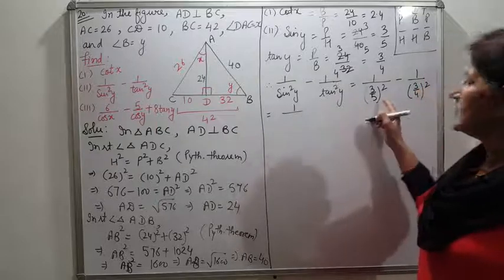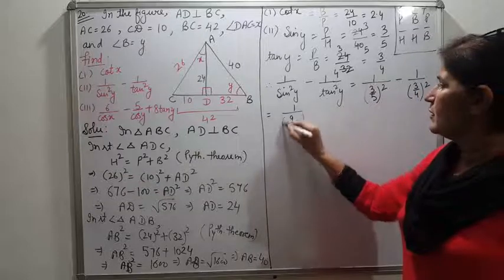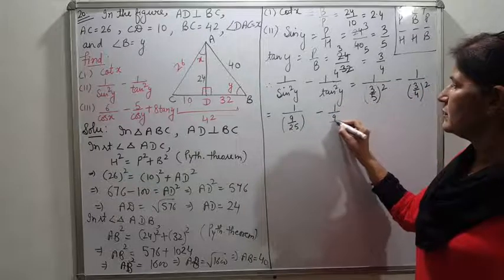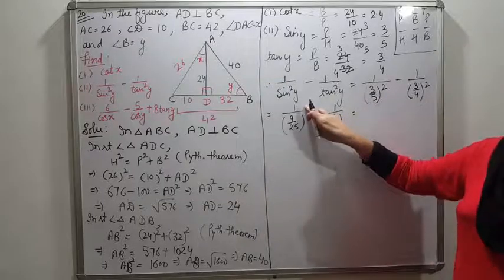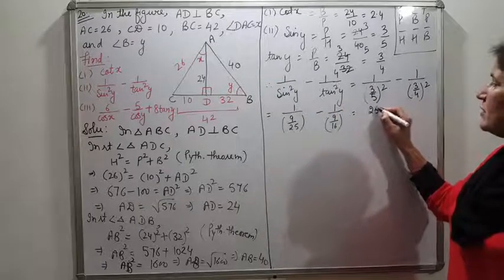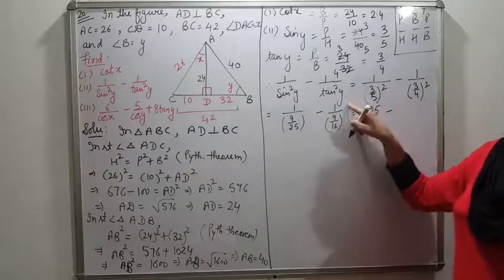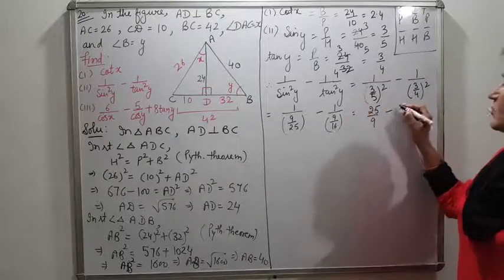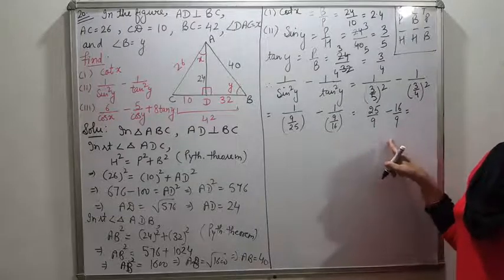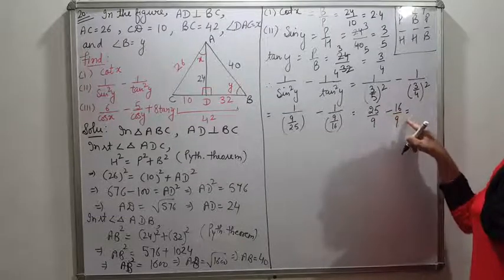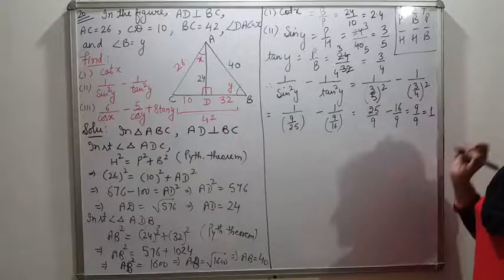So 1 upon square of 3 over 5 is 25 upon 9, and here 16 upon 9. We take their reciprocals. 25 will go and get multiplied with 1, so it is 25 over 9. Similarly, when you take the reciprocal in this term, 16 will go and get multiplied with 1, 16 over 9. Now they are like fractions, no? Because both have the same denominator. So 25 minus 16 is 9 upon 9. So we reduce and we get the answer 1.